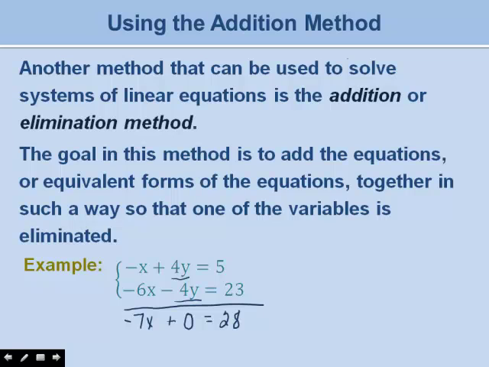Now, because we have two equations, we can add corresponding sides of the equations and get something else that is an equation. The goal in this method is to add the equations together so that one of the variables is eliminated, which is exactly what happened here. We have an x term, but no y term. And this one would be easy to solve for x now.